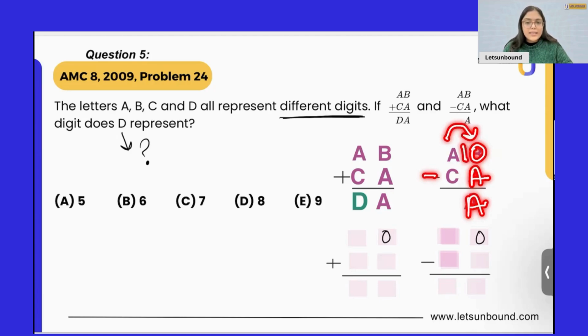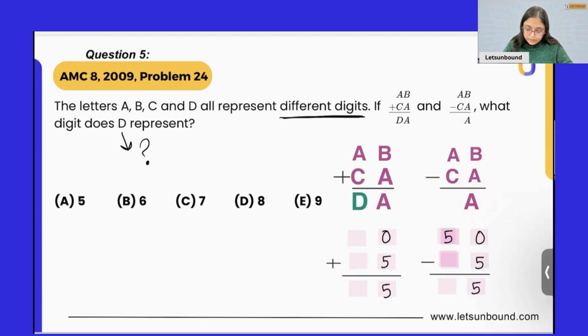What is 10 minus something that gives you that something as the same digit? Obviously, it should be 5, isn't it? Right? Because 10 minus 5 gives you 5. So let's just try. Okay. So we are taking A as 5. So wherever I can see A, I'm just placing a 5 over there. Can you see? Slowly, slowly, we're getting all our digits.